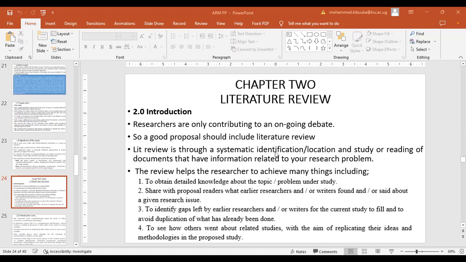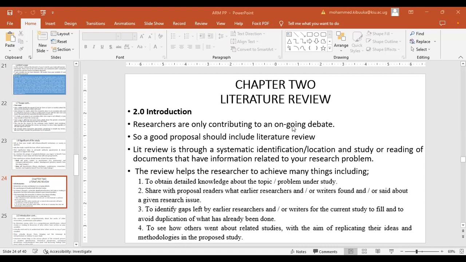A lot has been said on a particular topic. So before you give your personal contribution, you need to be aware of what others have said. And this is what we do in literature review.